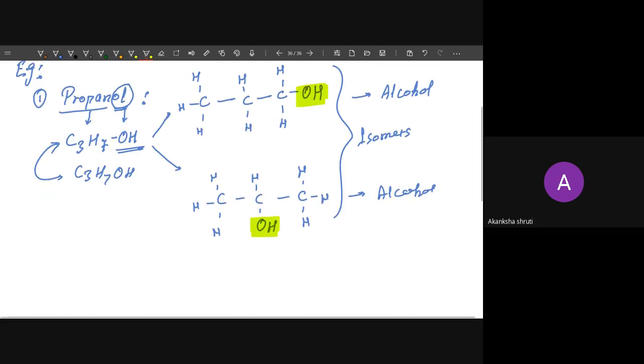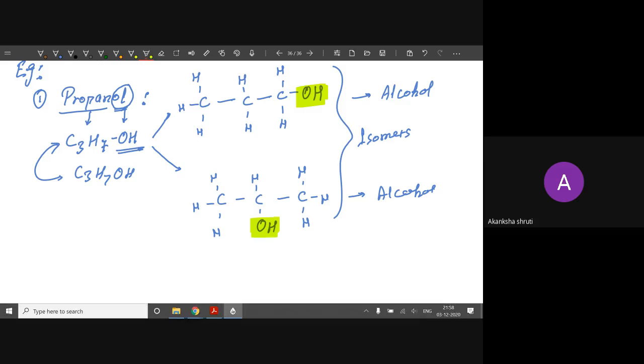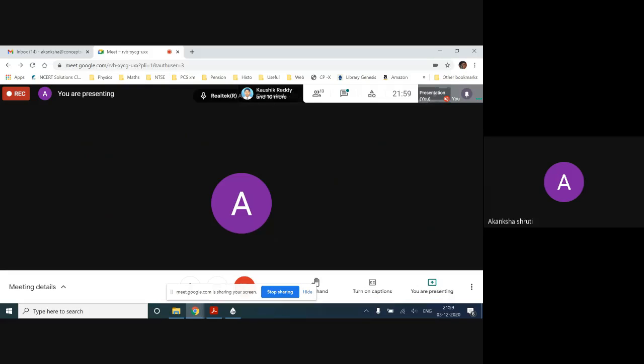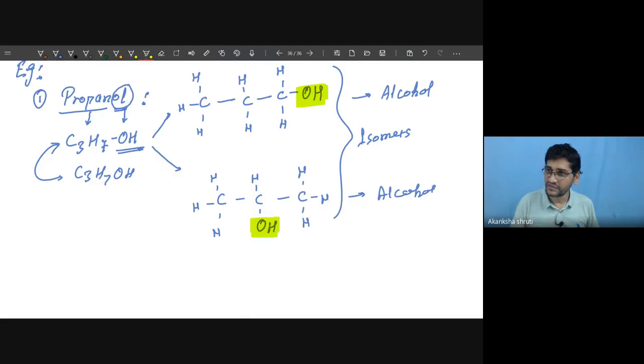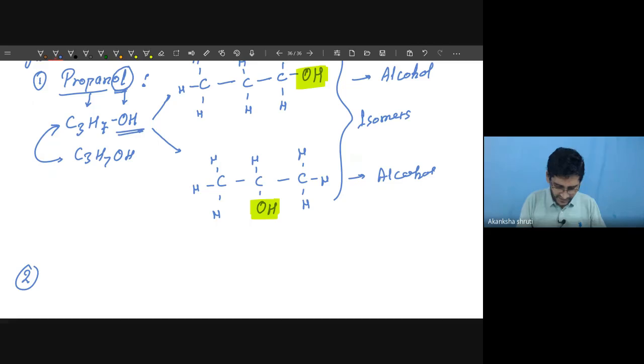Get it? It may be possible that there is only one atom which decides the entire characteristic. What is that? Let me draw that one also. Let us consider the second one. Take chlorobutane.